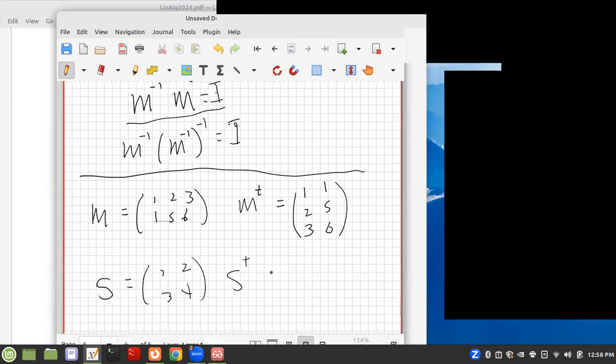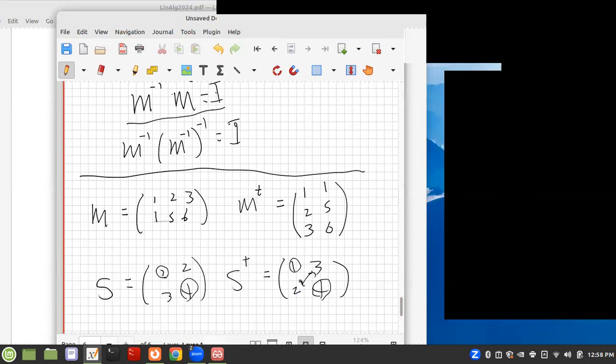S transpose. First row is first column, second row is second column. Well, you notice something for a square matrix: the long diagonal didn't change, and I just swapped across this way.